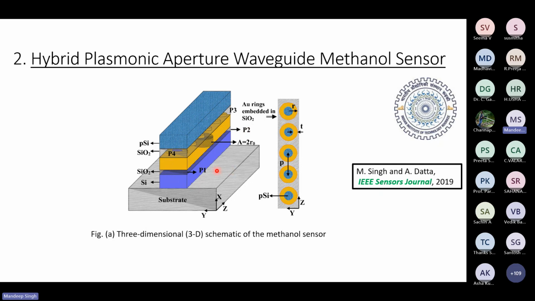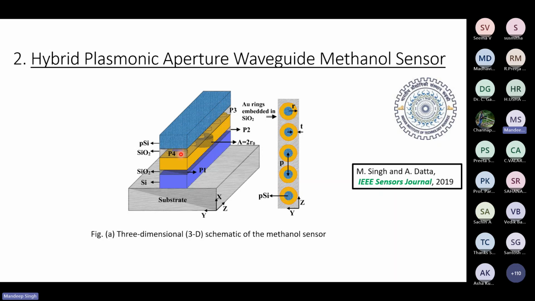So we have basically used a coupler for designing this sensor, and because of the coupler design we can sense two analytes at the same time. P2 and P3 will be the sensing ports. And to improve the efficiency we have used gold nano rings.